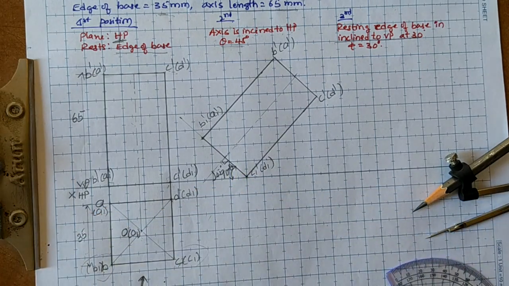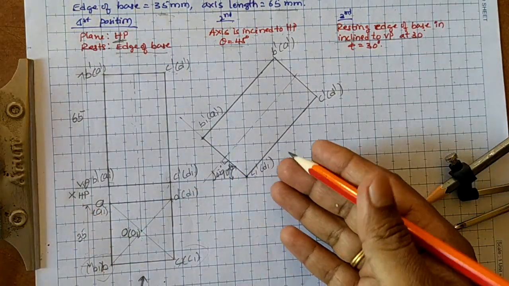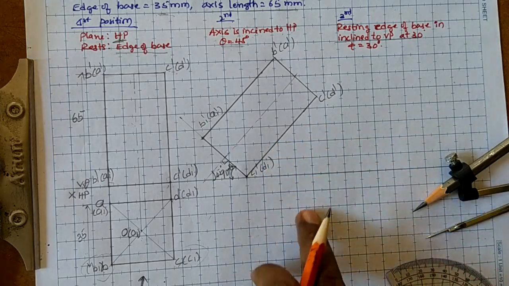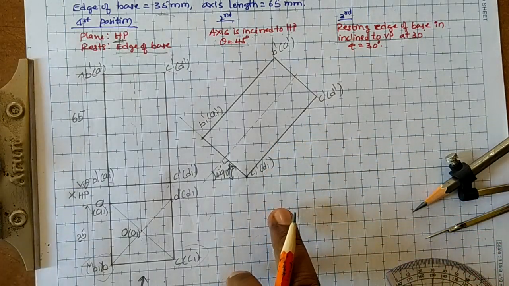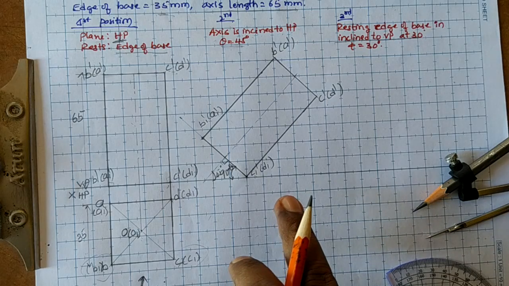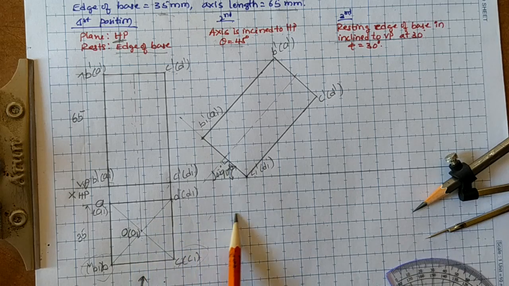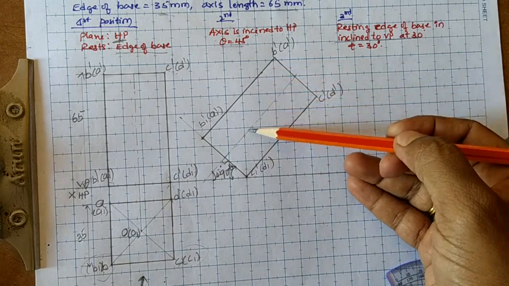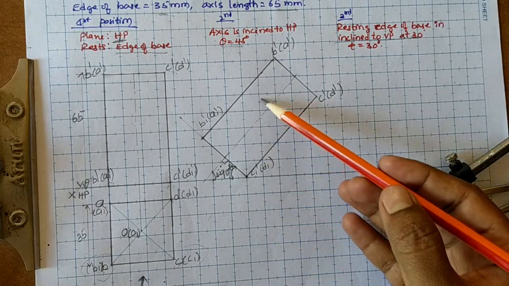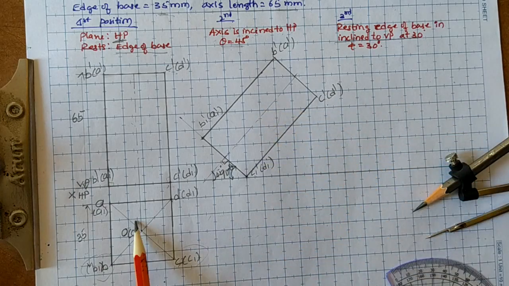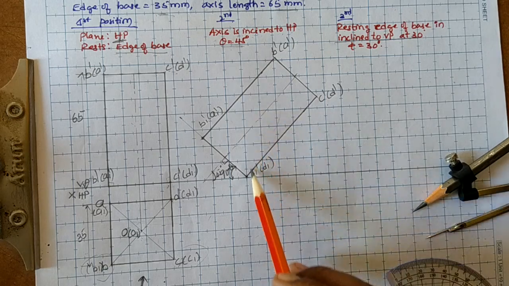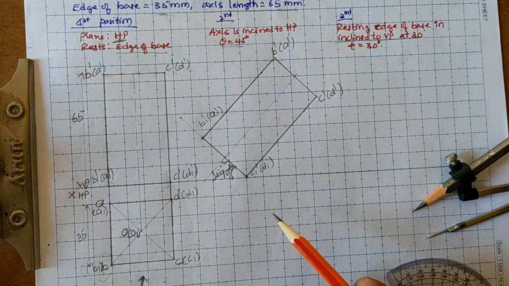Now in this position I want to draw the corresponding top view. Draw the horizontal projectors from the previous top view and vertical projectors downward from the front view. The horizontal and vertical projectors intersect.